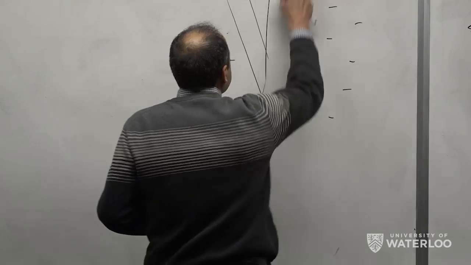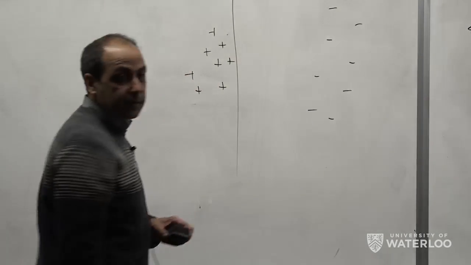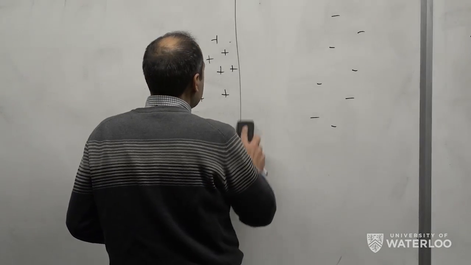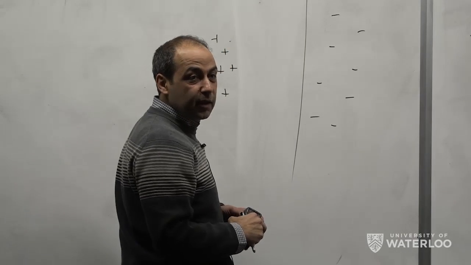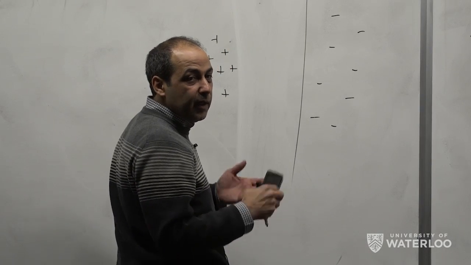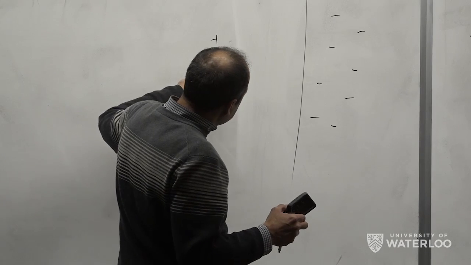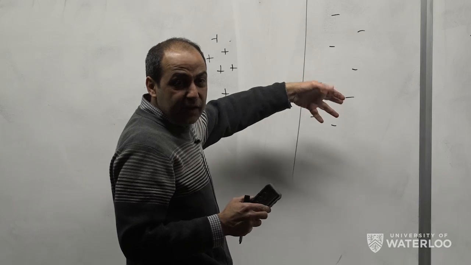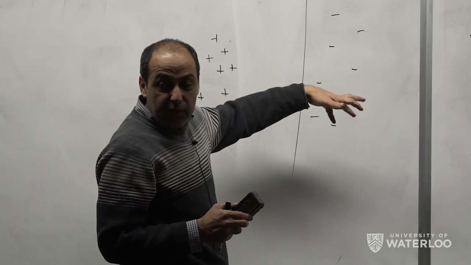So this is a solution. But according to this intuition, this is not a good solution. I mean, it is a solution because it separates them, but it's pretty far from this class and pretty close to this class. So the chance of misclassification for this class is high, because I'm talking about the training set now.